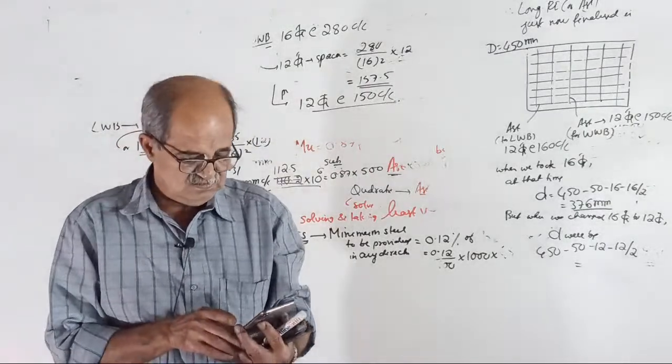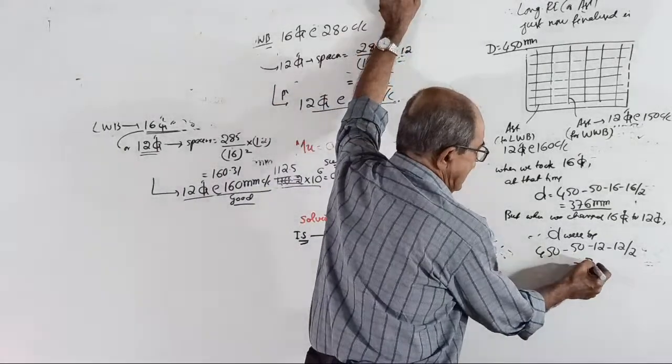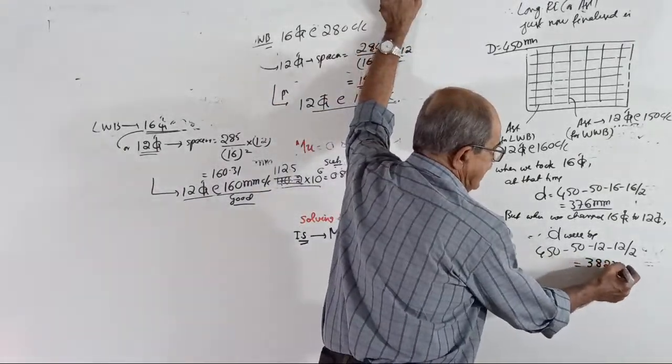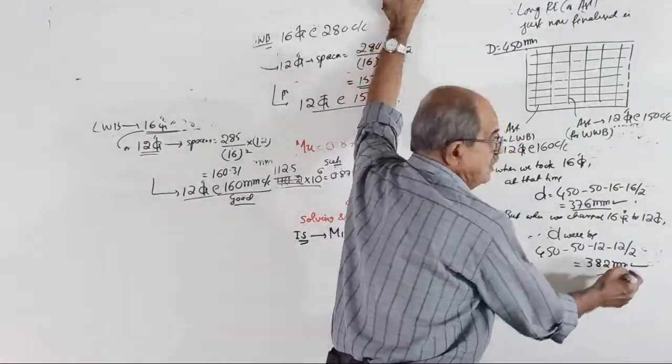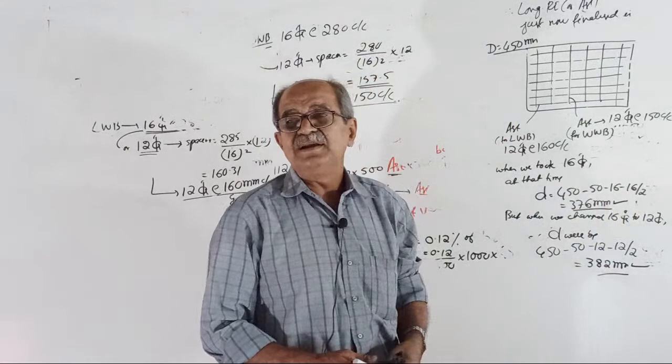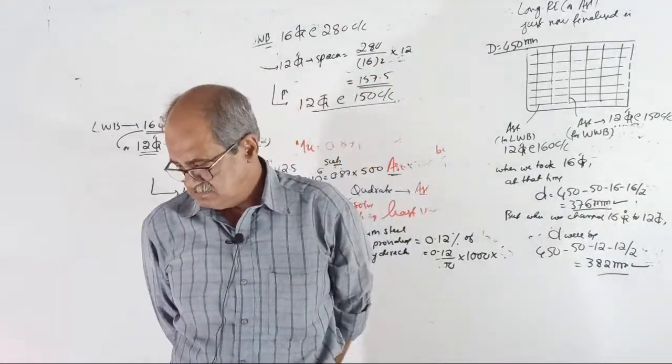How much? 382 millimeter. Tell me, earlier it was 376, now 382. Therefore, good or bad? Tell me, is it good or bad?